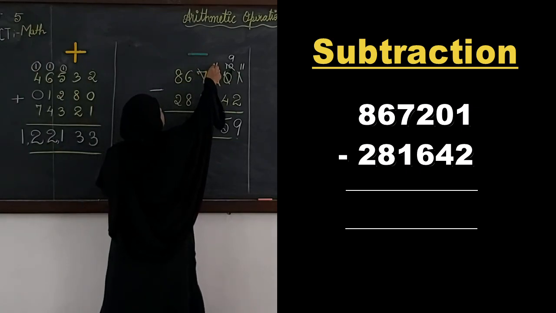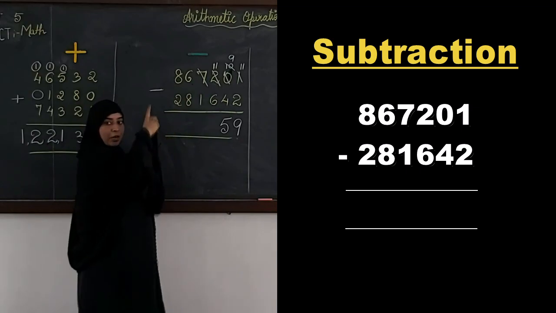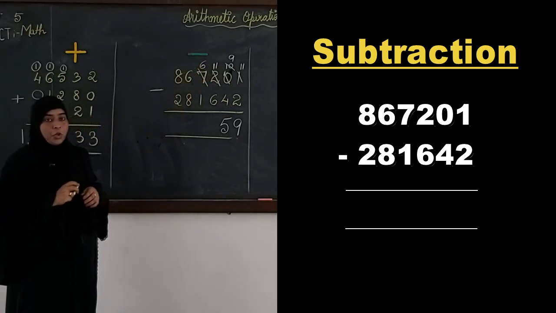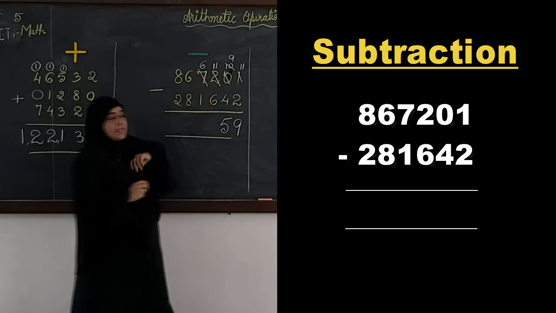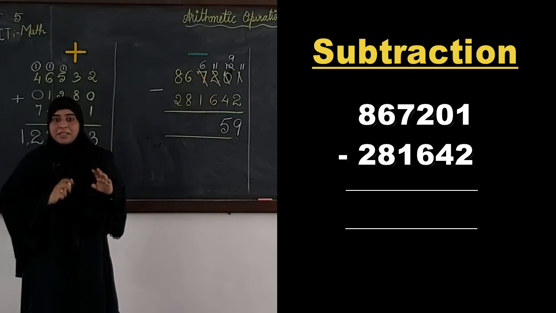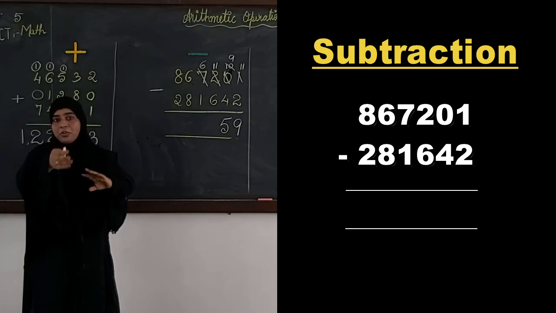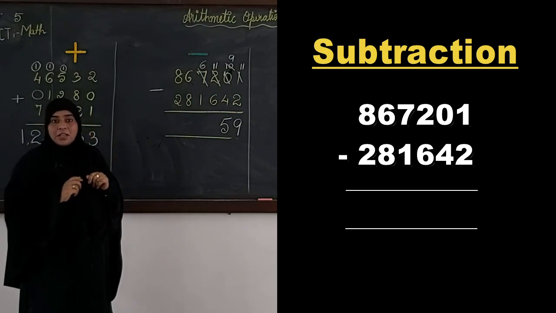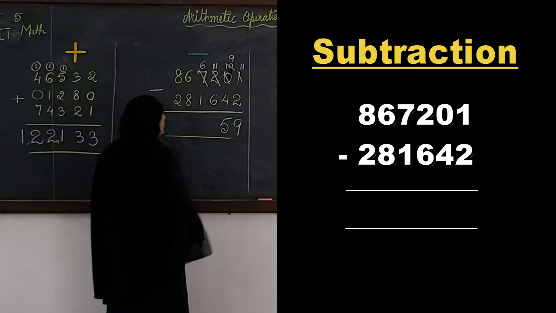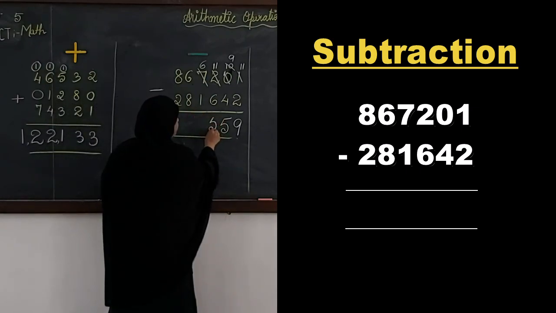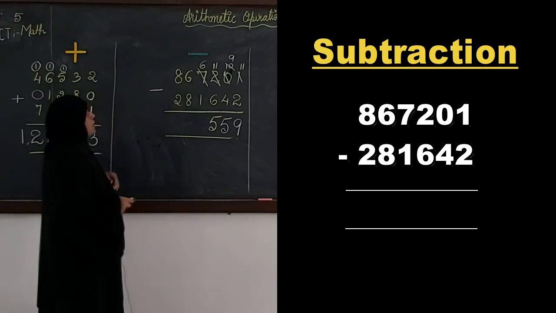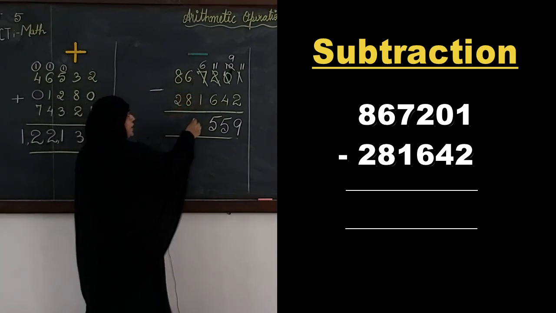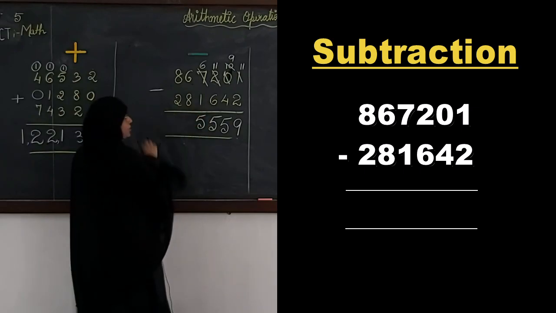So that 1 comes here, and from 7 if we take out 1, 6 will remain over here. Okay. 11 minus 6. Now it is possible, isn't it? I have enough chocolates to give out 6 chocolates to my friend. So 11 minus 6. What will be the answer? Again it is 5. Okay. 6 minus 1. Our next place. 6 minus 1 is again 5.